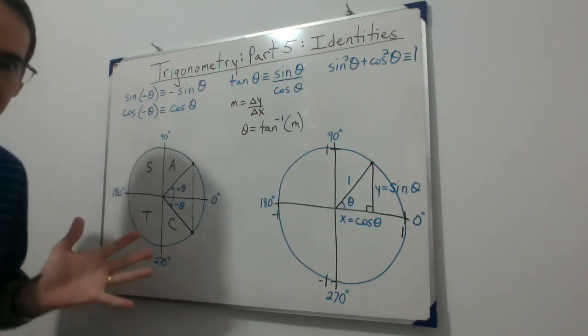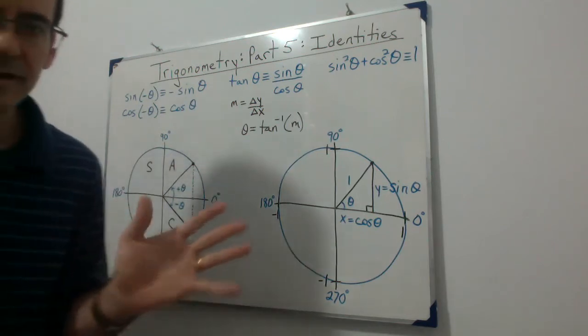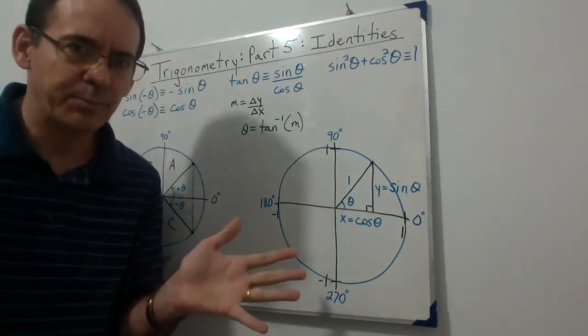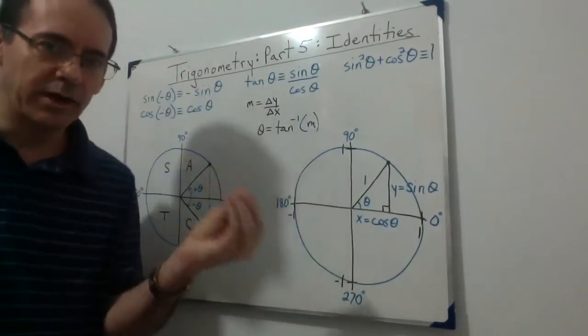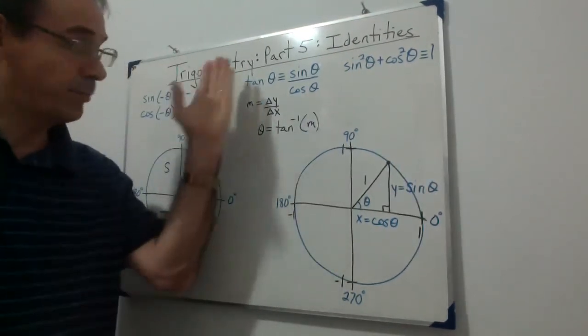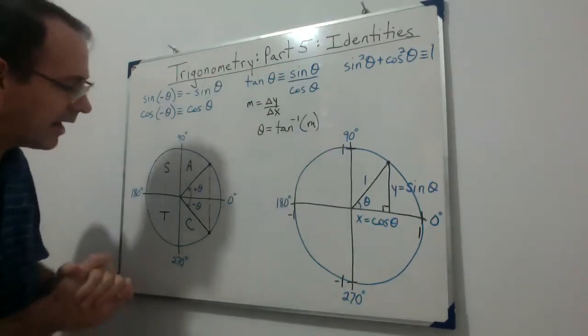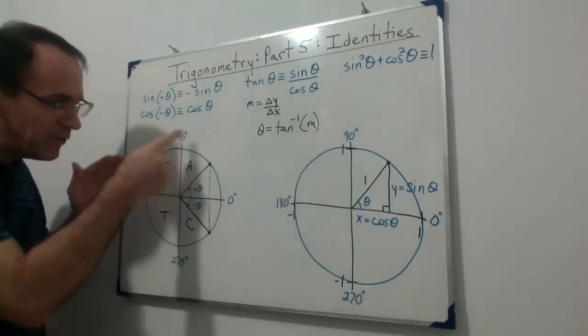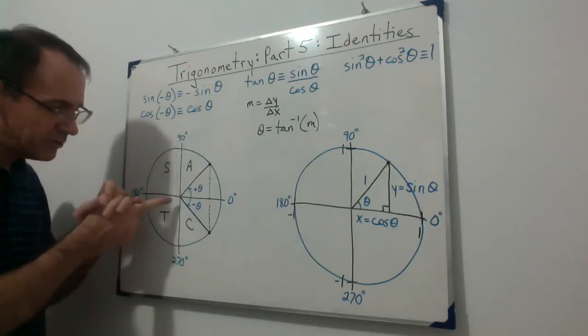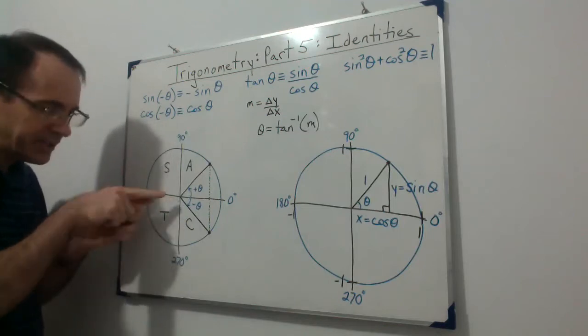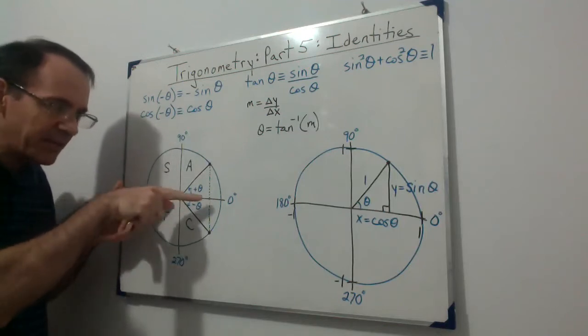Now, we discussed this actually in, I think it was the part 1 in one of the foundational parts of the series, how that when we're dealing with our unit circle, we're standing at the origin and we're facing the 0 degree.